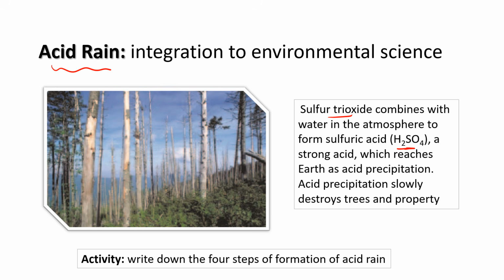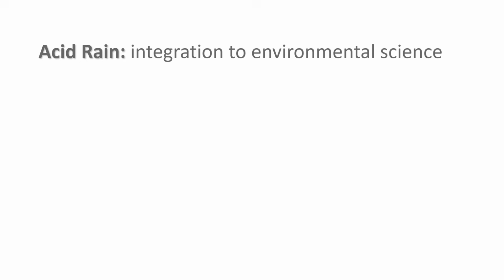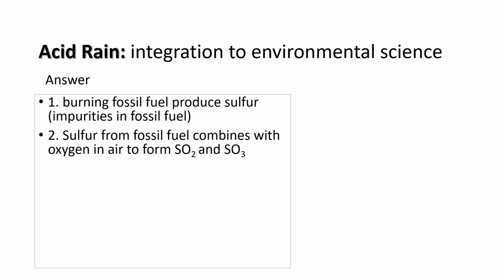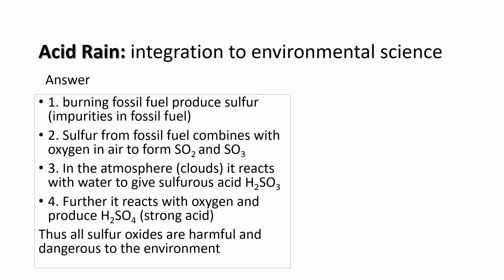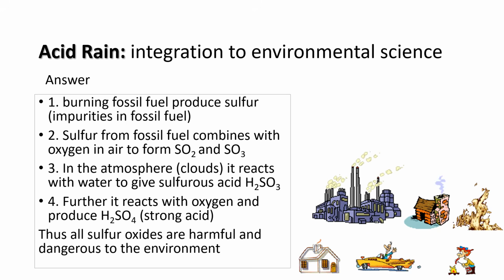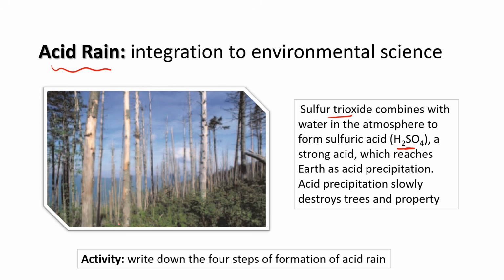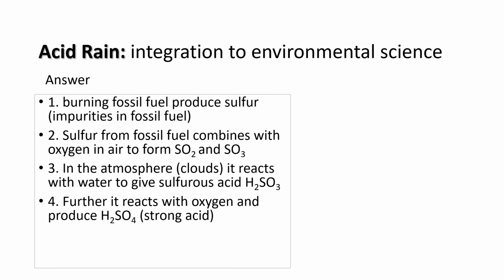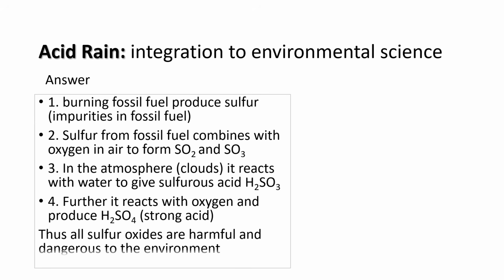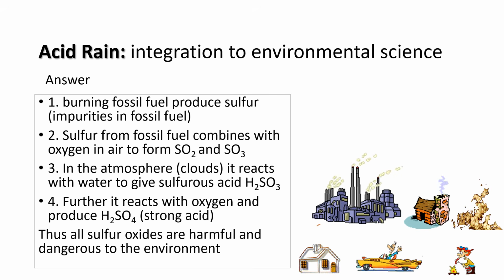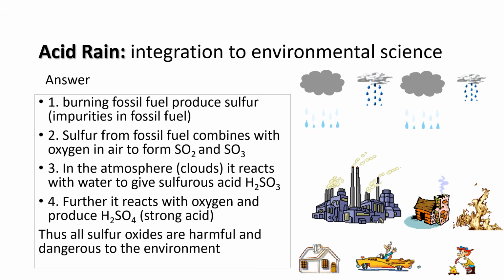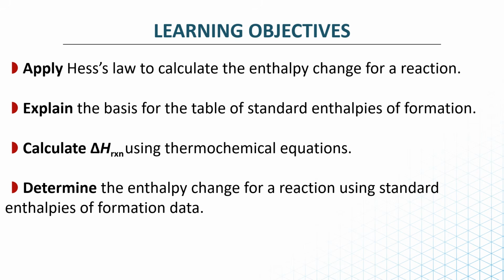This is just for you to read again. The main idea here is to answer this question: write down the 4 steps of the formation of acid rain, and you have the answers here. You have this in your book, so you can read it from there, or you can read it from here, guys. All right. So this is what we covered today.